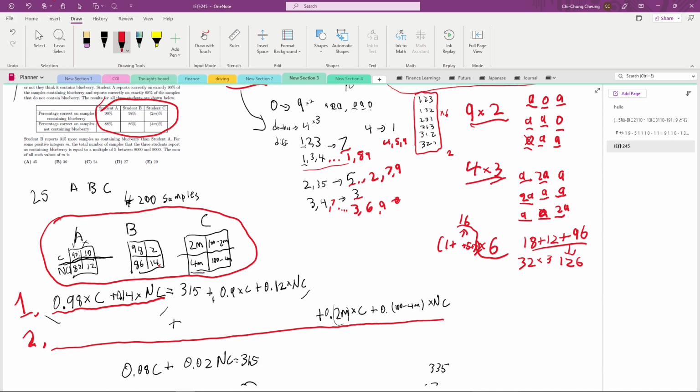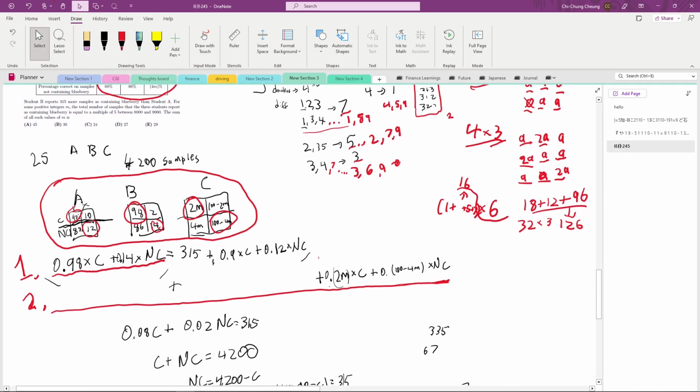So again, we're dealing with the same sum, this portion plus, ignore the 315, that portion, plus C's version, which is this plus this. Oh yeah, by the way, it's this, and that, that.